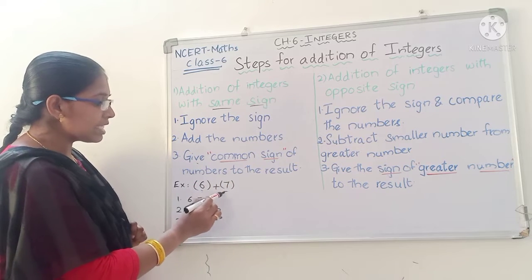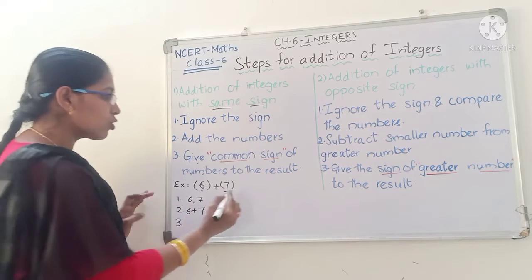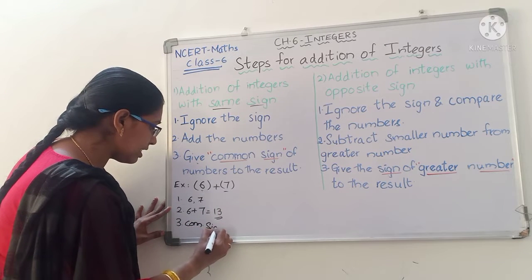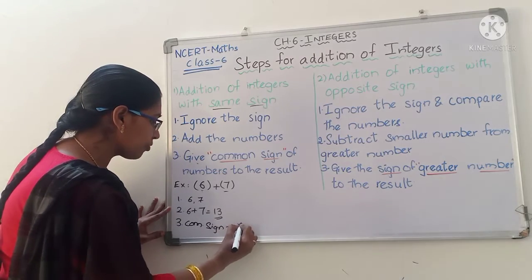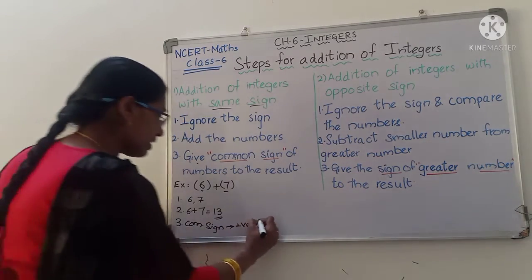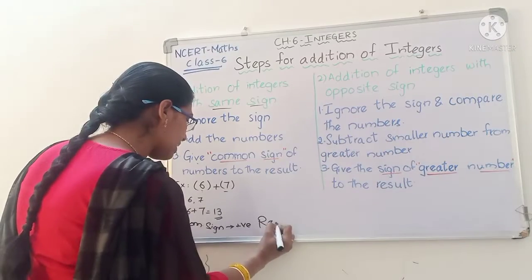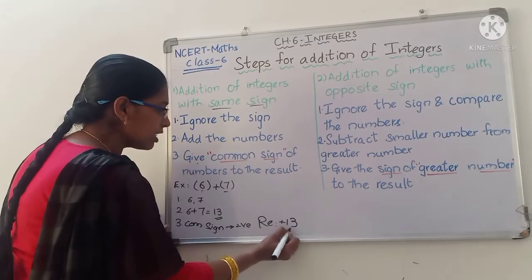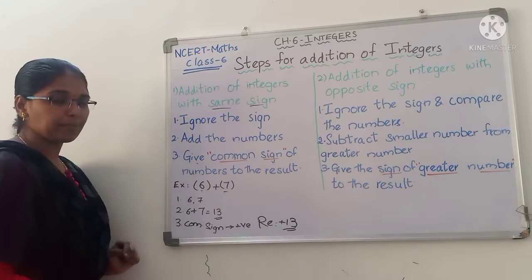Both the numbers given, 6 and 7, are positive numbers. So the common sign is positive. Give this positive sign, the common sign, to the result. Result you got as 13. So the common sign is positive. So the result you get is plus 13.